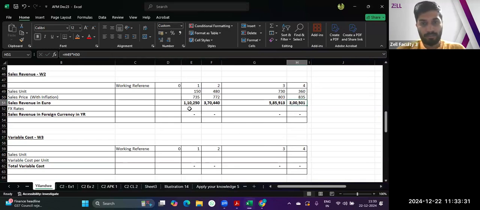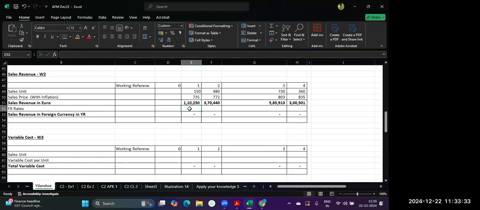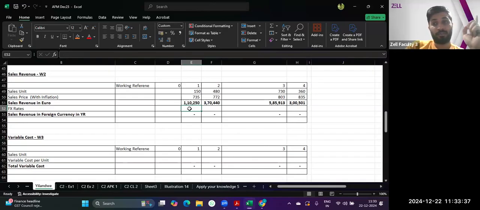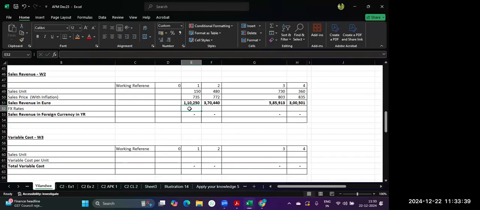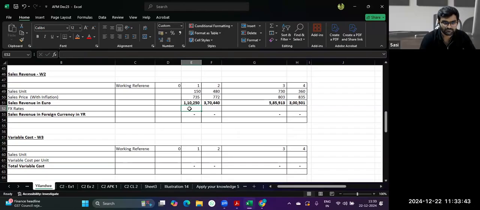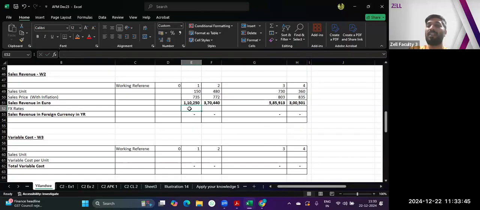This is in which currency? Euros. We need it in which currency? Yelan Rand. First we'll put it in the foreign country's currency. Understand, this is like Apple's business. You're manufacturing it in China, but you're selling it somewhere else. Is the conversion rate for the first year given to you? Euro to Yelan Rand.